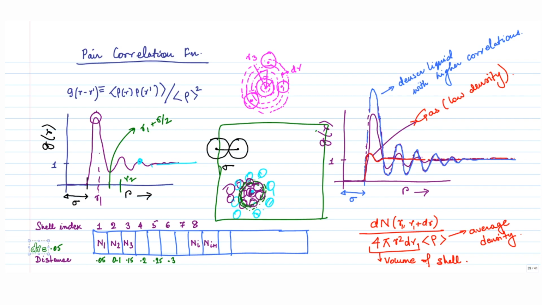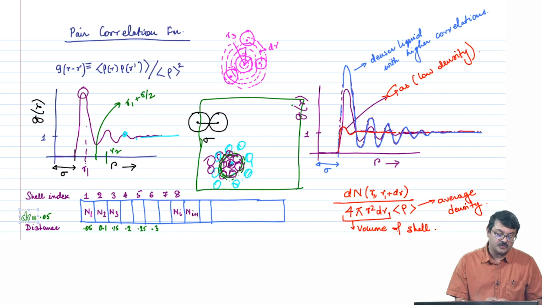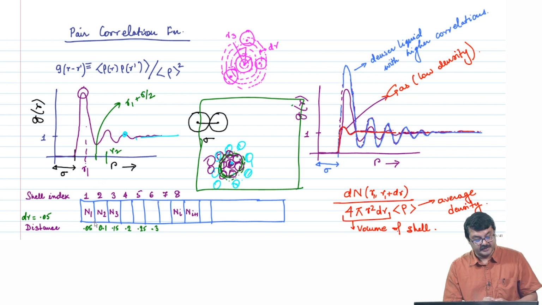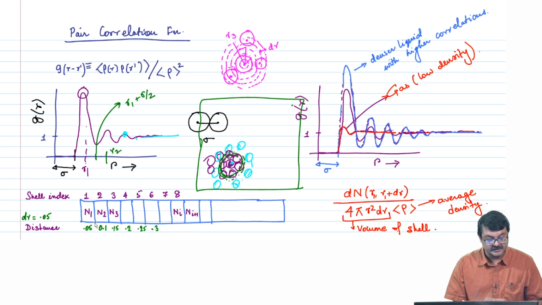And so, in the different boxes or different indices of the array, 1, 2, 3, 4 and so forth, what are you going to store? Basically, when the index of the array is 1, you store how many particles there are between 0 and 0.05. When the index is 2, you store how many particles you find between 0.05 and 0.1.